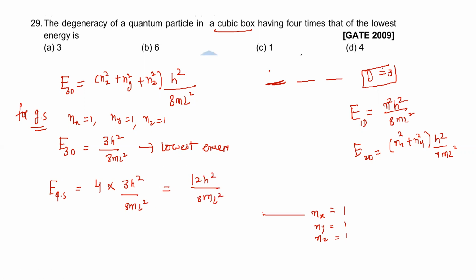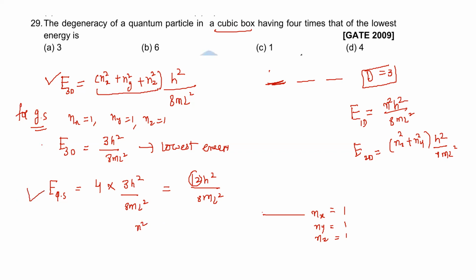Now, students, here we will compare this energy of the quantum state with the formula of energy of the 3D box. Here h² over 8mL² is the same.